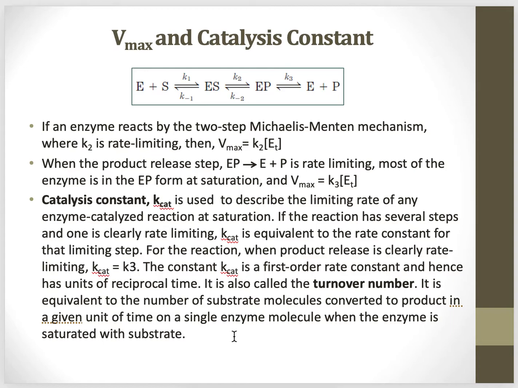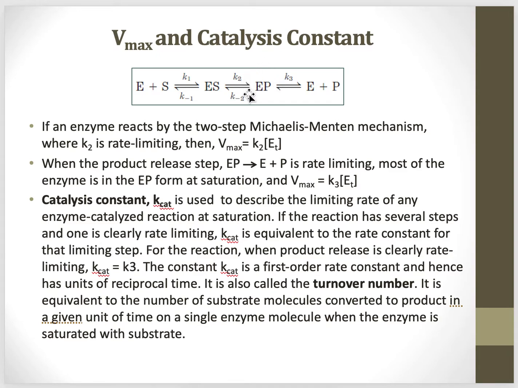Now the catalysis constant, another constant. Again, think about this reaction: enzyme plus substrate, ES, then EP, then E plus P. When we derived the Michaelis-Menten equation, we considered one step, E plus S, ES, then E plus P. This extra step was not there.